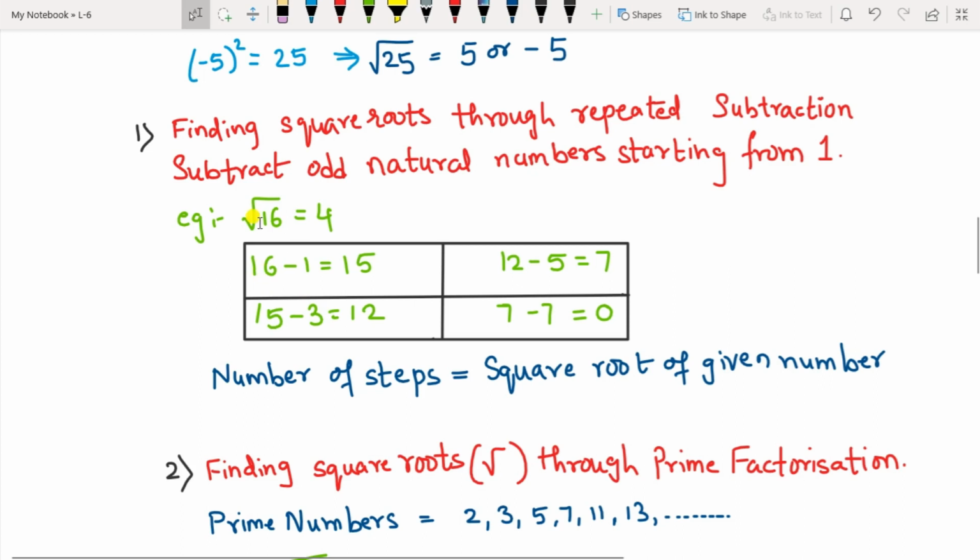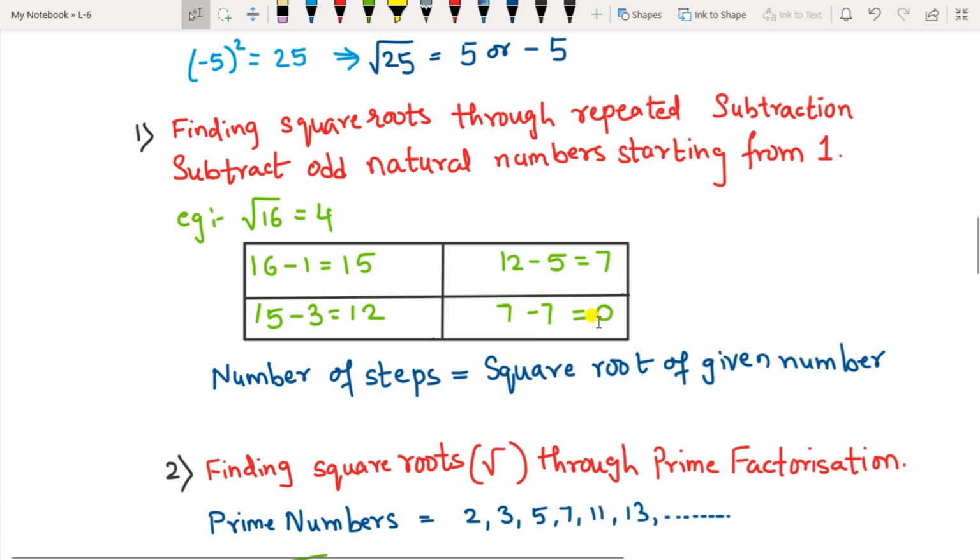The question is given 16. So 16 minus 1 gives 15. The second odd number is 3, so 15 minus 3 is 12. Third is 5, so 12 minus 5 equals 7. Then the fourth one is 7, and 7 minus 7 gives 0.